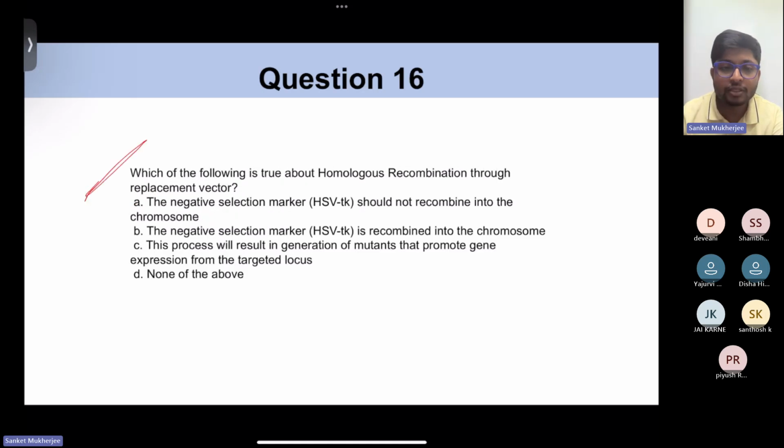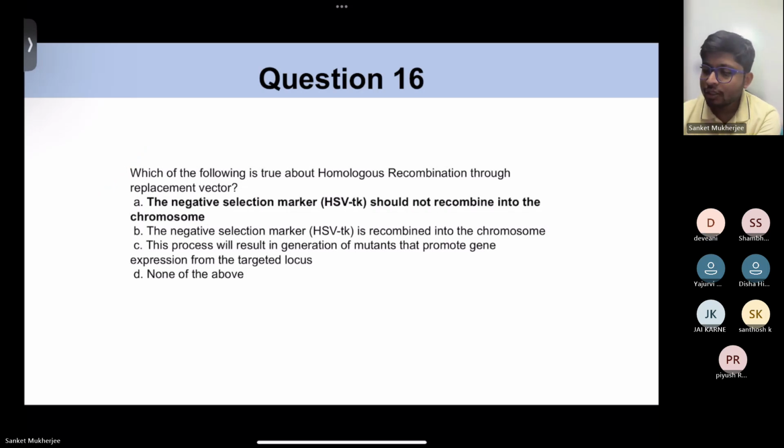I don't know if you can see the question. Option A. You're right. Option A is the right answer.